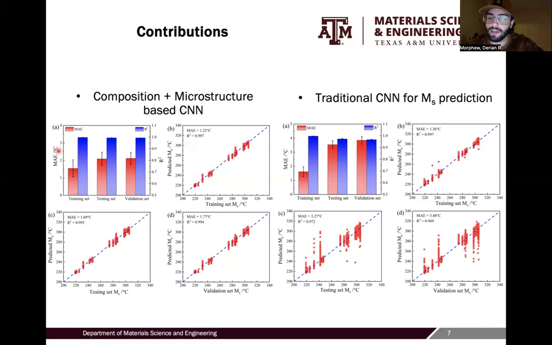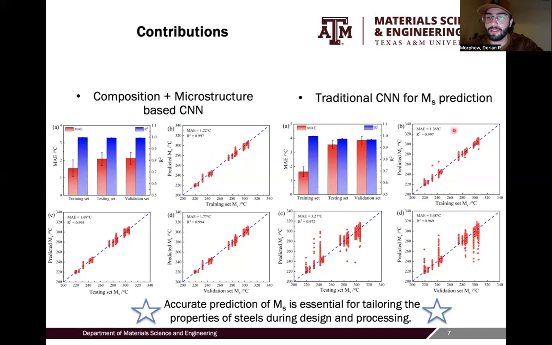The mean absolute error and R squared values are better in this paper compared to traditional CNNs, which basically highlighted the main contribution of this paper. Like I said, it was a short paper, but I found it to be pretty useful and straight to the point, where being able to integrate the composition into the microstructure for the CNN led to more accurate prediction of MS values.